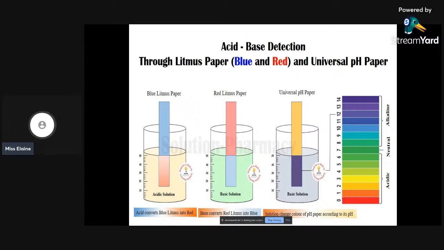An acid changes the color of litmus paper to red, and the pH of an acid is less than 7. While a base changes the color of litmus paper to blue, and the pH of bases is greater than 8. But a neutral solution has a pH of 7.